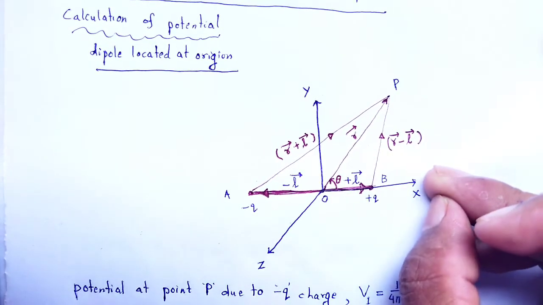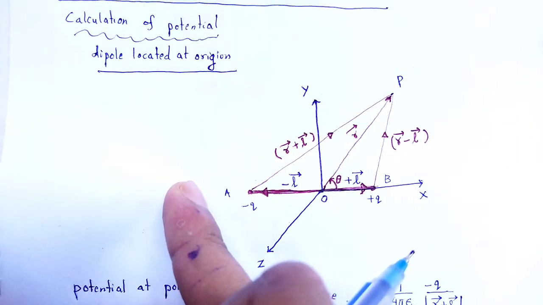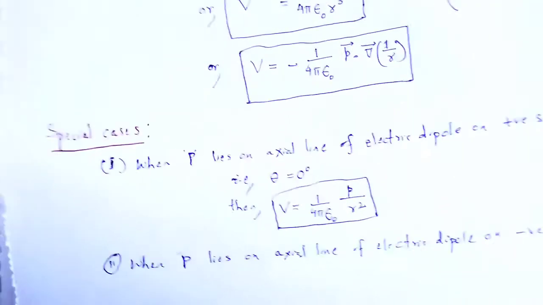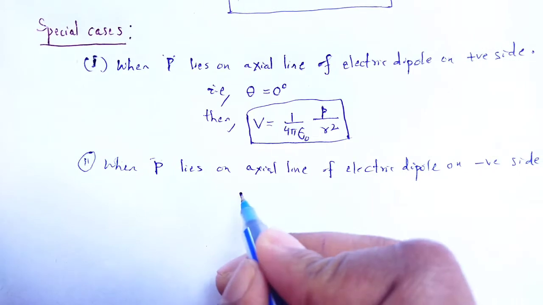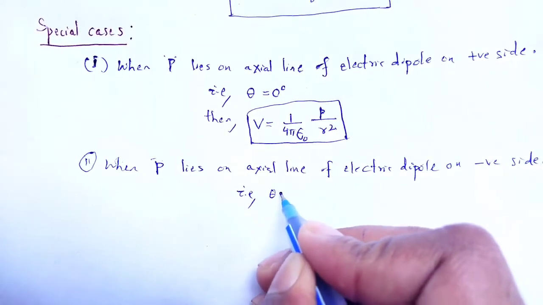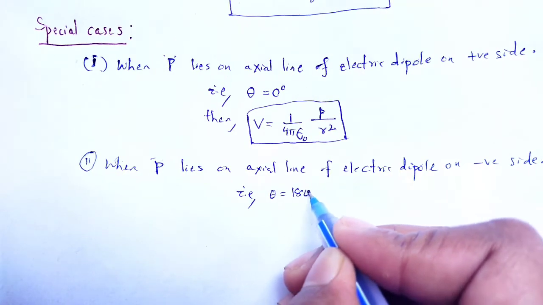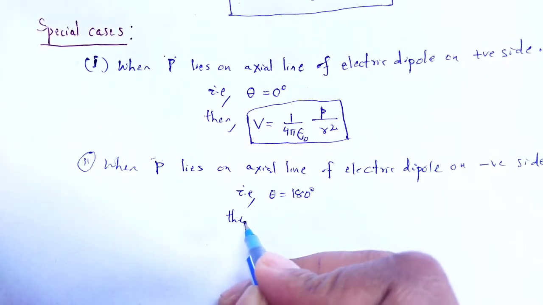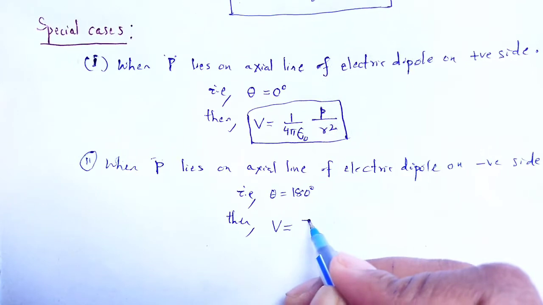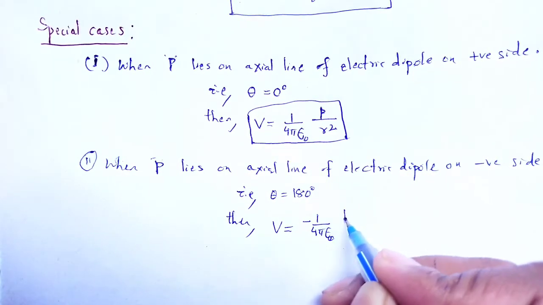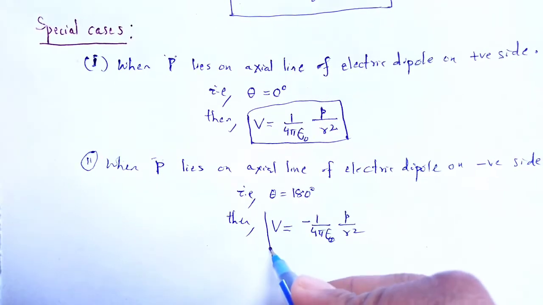This portion is the positive section, this portion is the negative section. If that point lies in the negative direction, theta will be 180 degrees. Then the expression for potential is minus 1 by 4 pi epsilon naught P divided by R square.